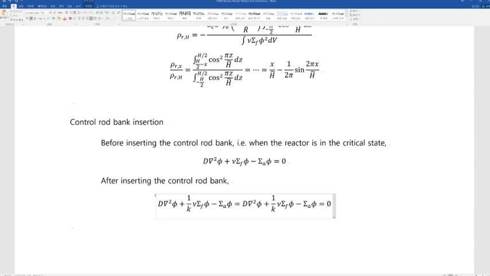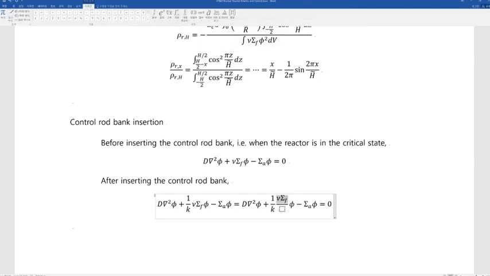I think you have seen this operation many times. This part, nu sigma f over sigma a, now becomes k infinity.